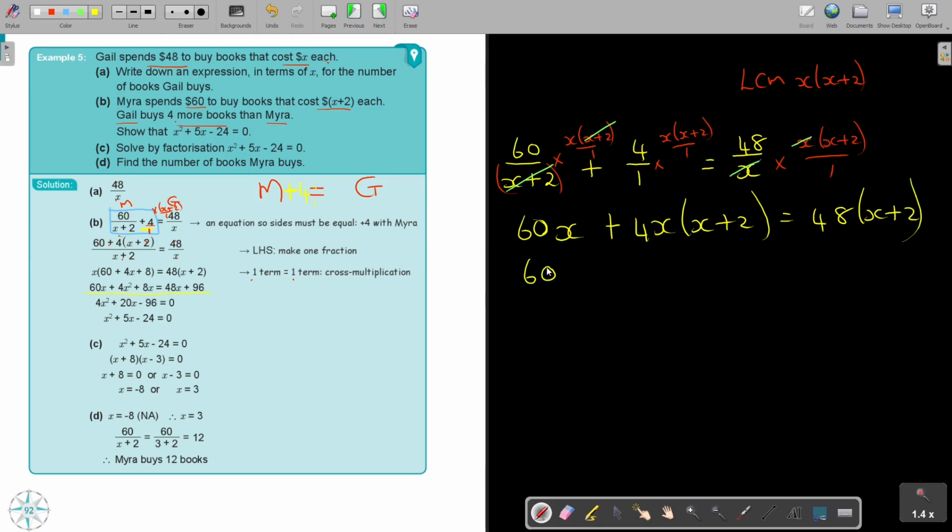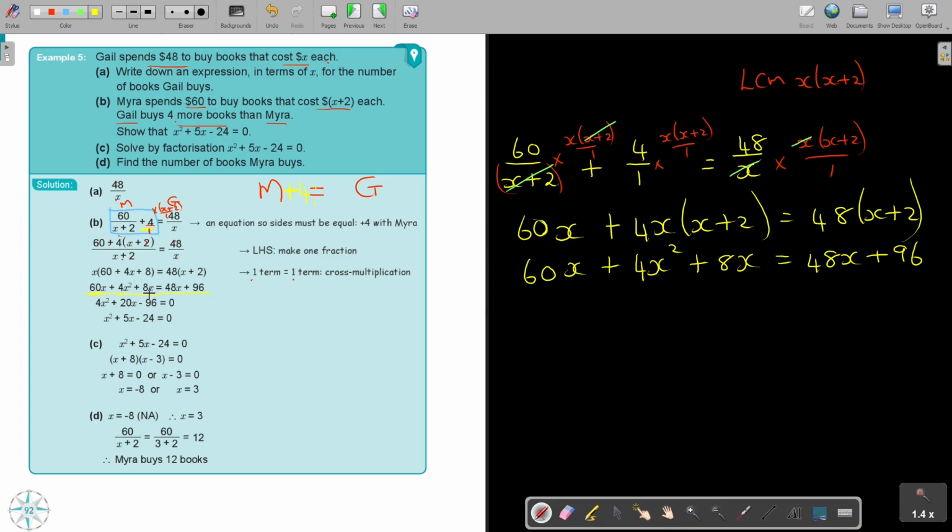So it's going to be 60X plus 4x squared plus 8x equals 48x plus 96. And look there, 60x, 4x squared, 8x, 48x plus 96. Okay, so it doesn't matter. Just get rid of the fractions by multiplying with the LCM.